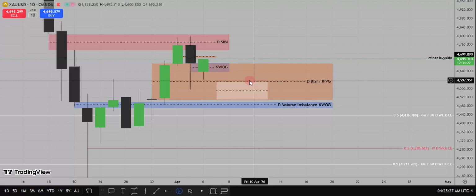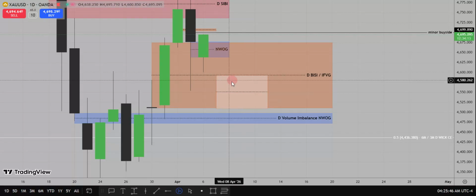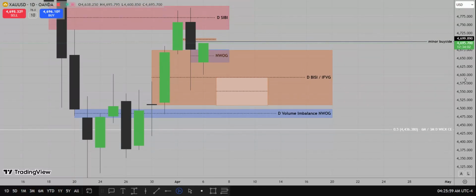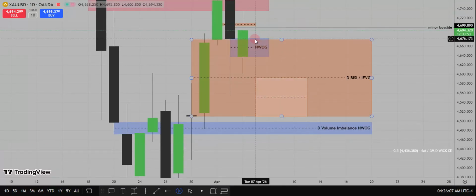I don't want to see candlesticks with bodies closing just above that consequent encroachment after price broke below it. I want candlesticks with their bodies staying just below that and delivering straight to the lower side. So don't be afraid to also use this volume imbalance as an inversion PD array, that means as a premium array, because all these here can be used as discount arrays.